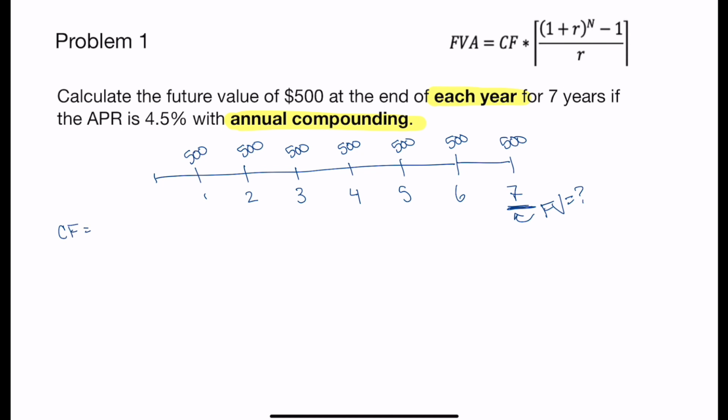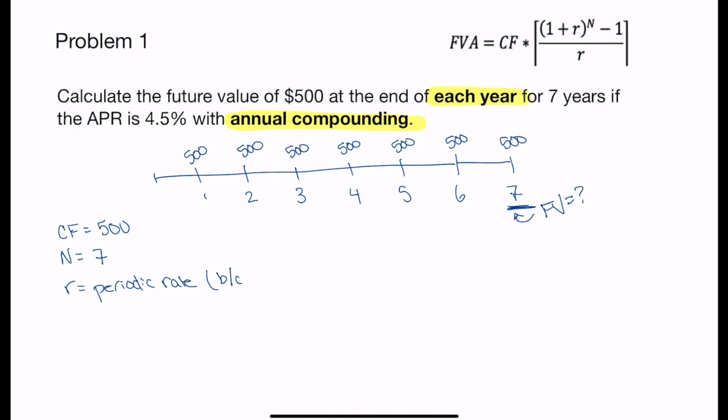If I think about each one of my inputs, my repeating cash flow is $500. Next I'll do N. My N is my number of cash flows. Here I have 7 cash flows. And then my R needs to be my rate between cash flows, which ends up being the periodic rate.